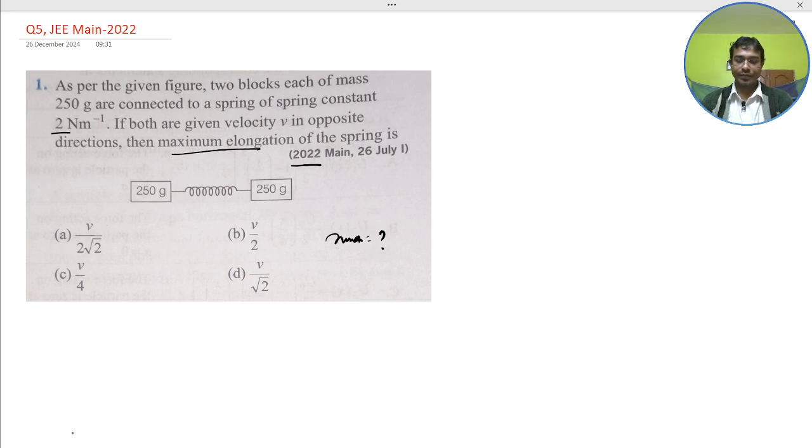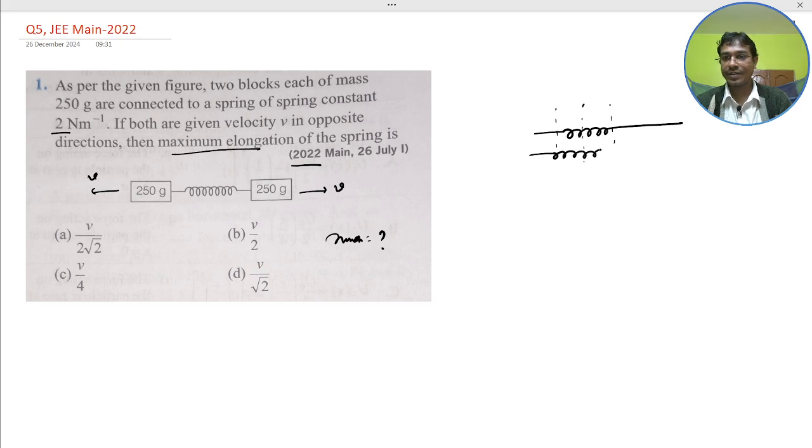So this is a spring with velocity v, and this is the v. So elongation means this spring is stretched in the direction. Suppose this is the center of mass, and this spring is elongated.